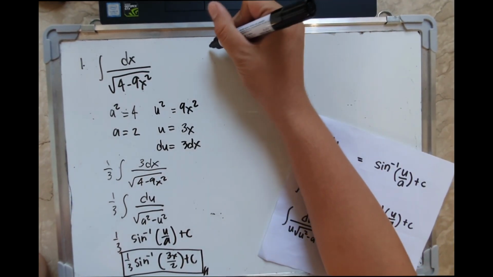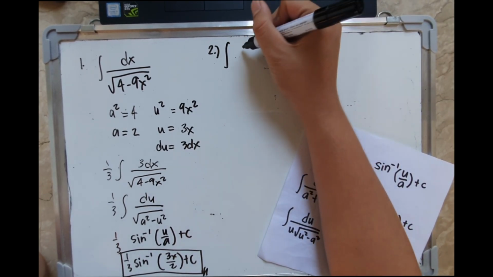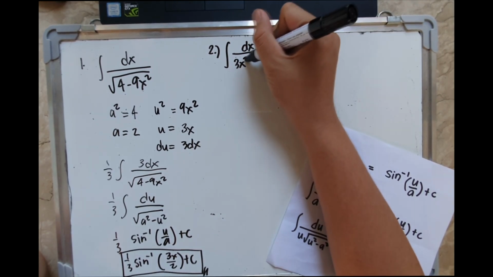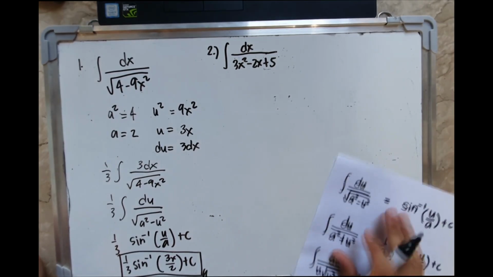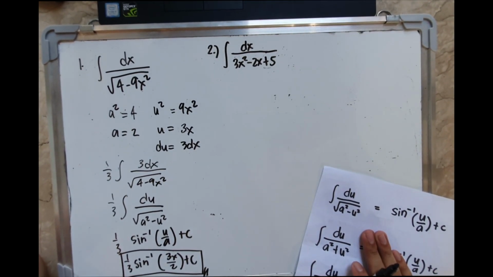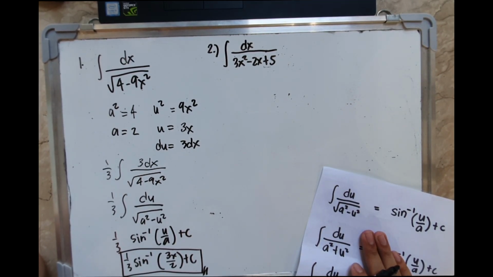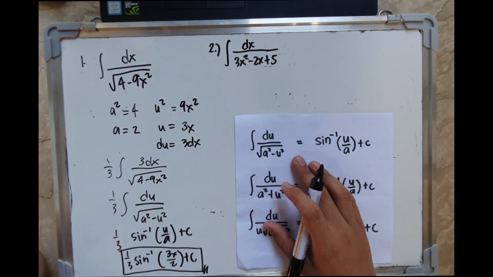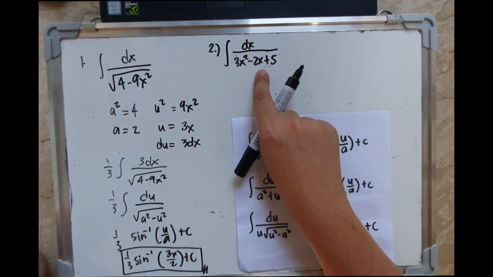Now let's solve for number 2. We have the integral of dx over 3x squared minus 2x plus 5. Apparently, we have negative 2x.